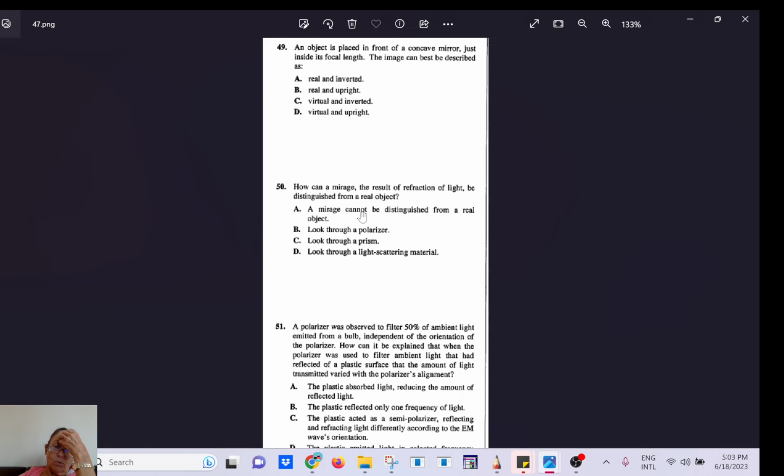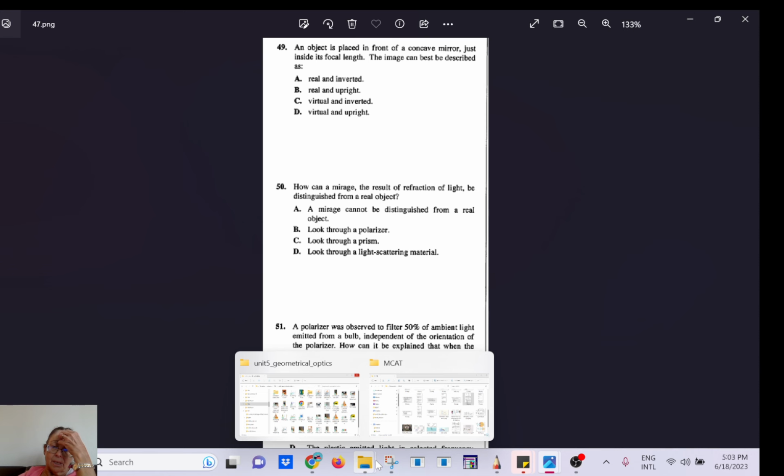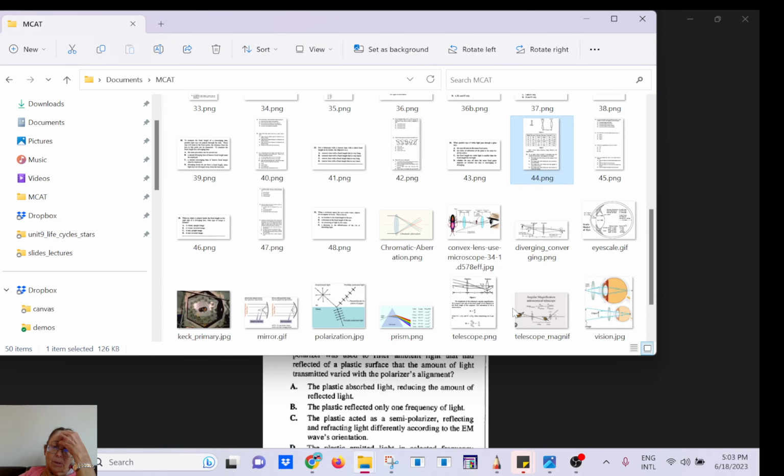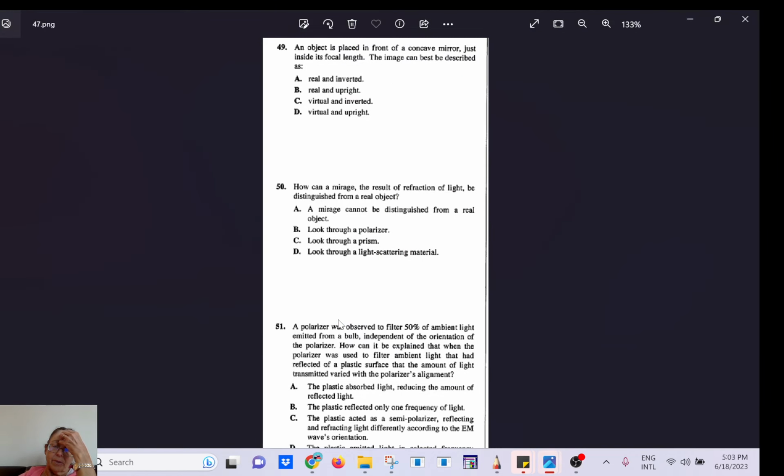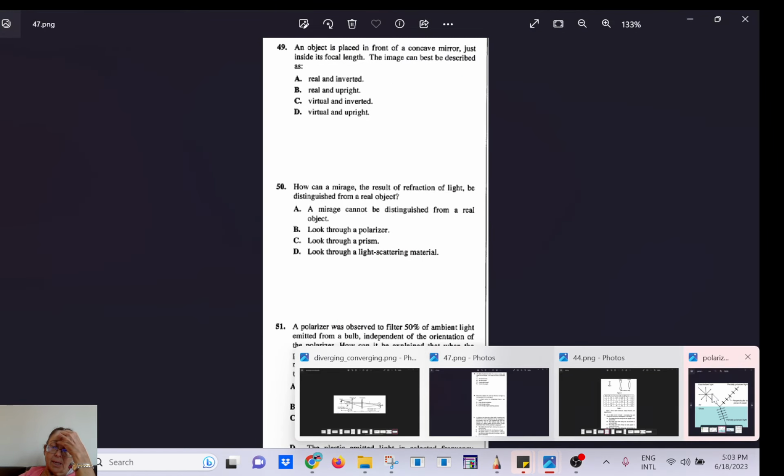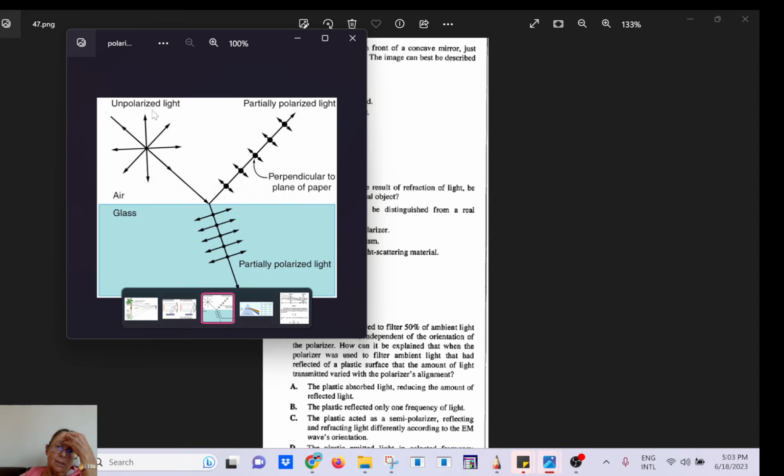Okay, this one is a kind of tricky question, and you need to know about polarization of light. Light is an electromagnetic wave, and it's a transverse wave.